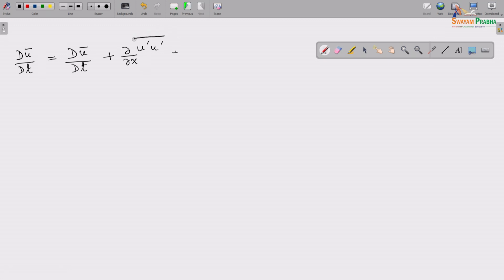Take a mean. Is that right? So, the first term again, the left hand side is okay, there is a small mistake here. So, this is important here: what is the difference between this and this term?